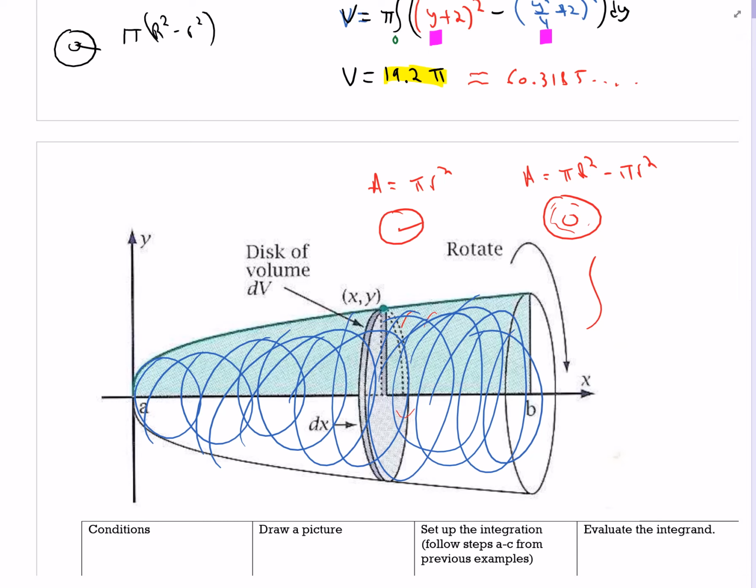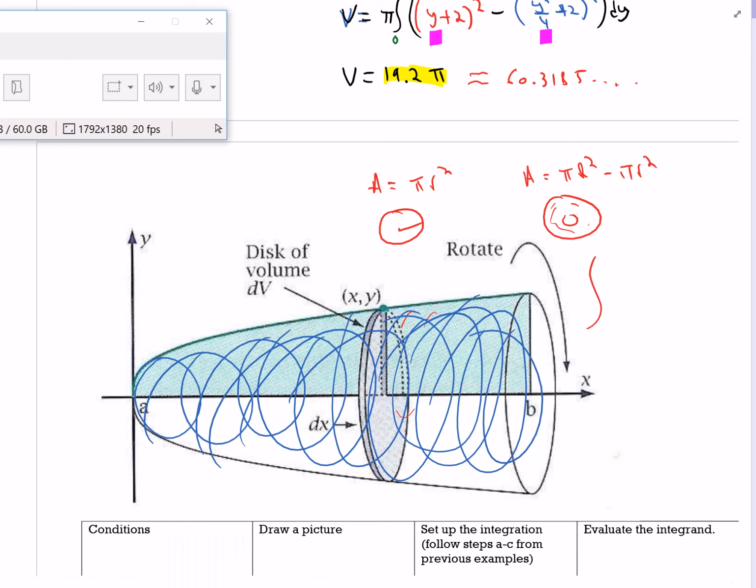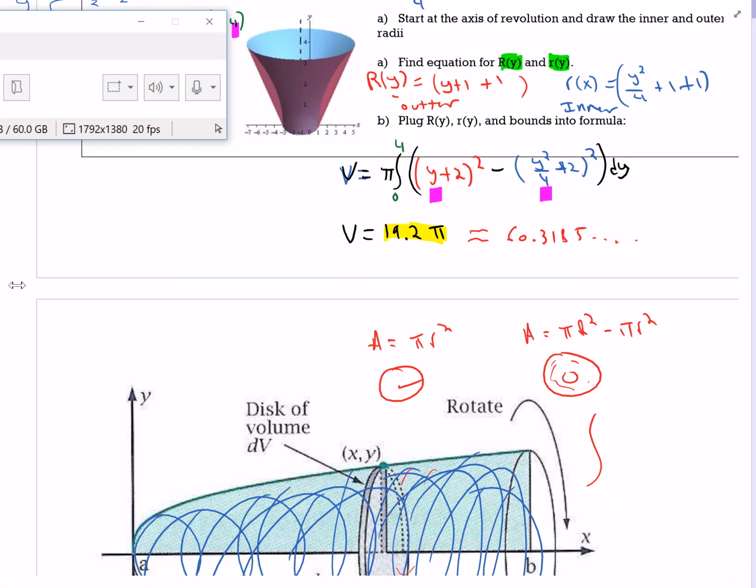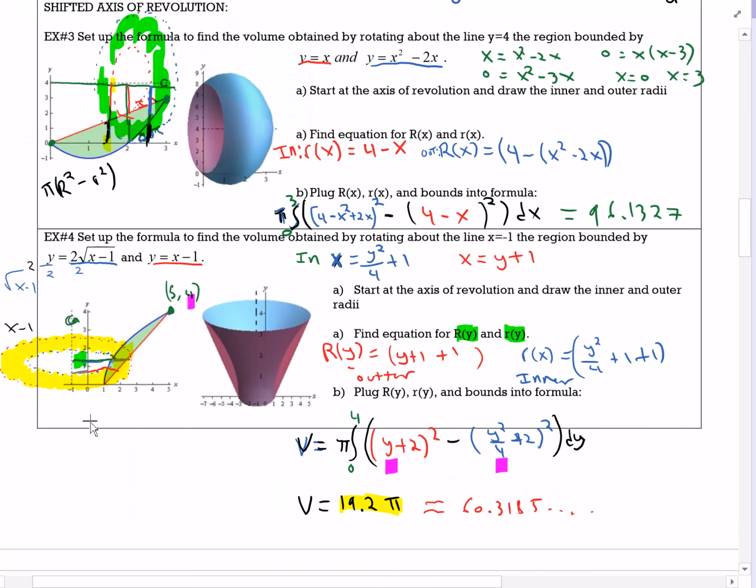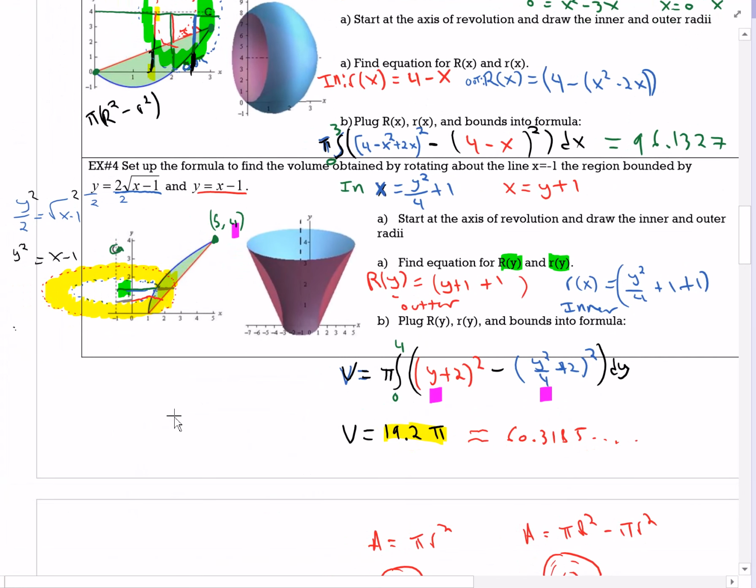There is one other formula that I want to try to give you. It's an overall encompassing formula, so if you forget everything else, you can always go back to this formula and it will help you find it. The volume of a solid formed by rotation is going to be pi times the integral from a to b, right?